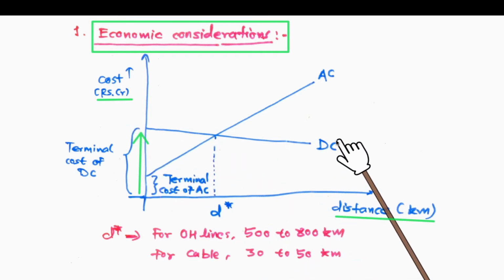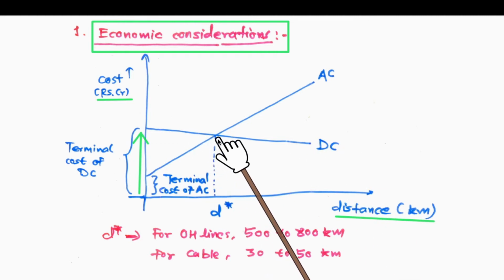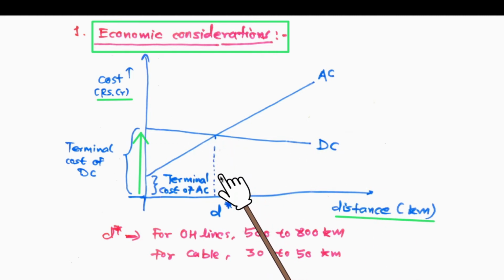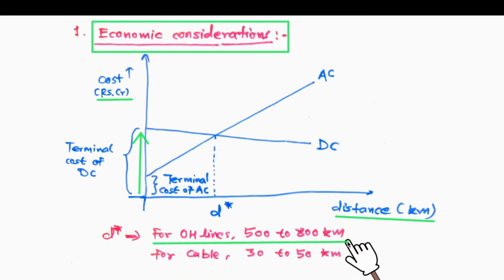That means with the DC technology, if we transmit the power for distances longer than 500 to 800 kilometers, right? That is what is the break-even distance. Beyond this point, DC will be economical.